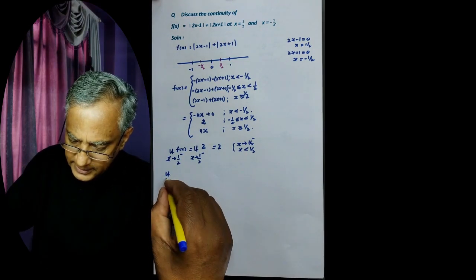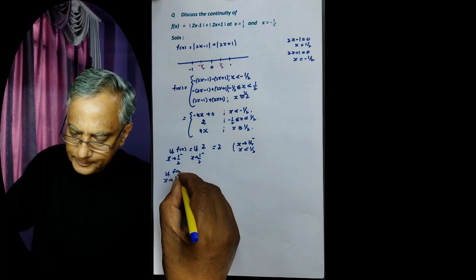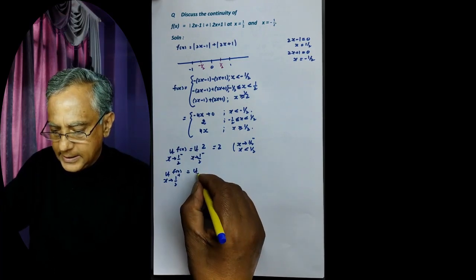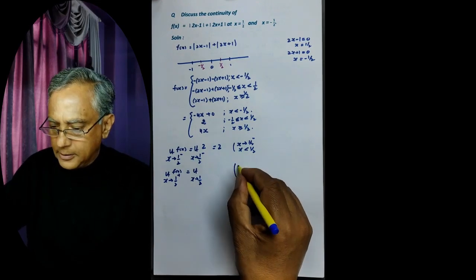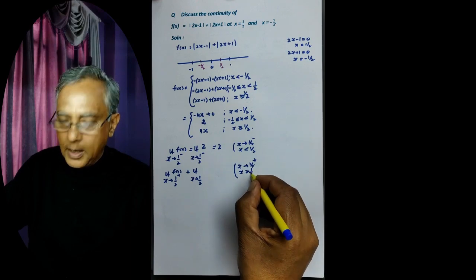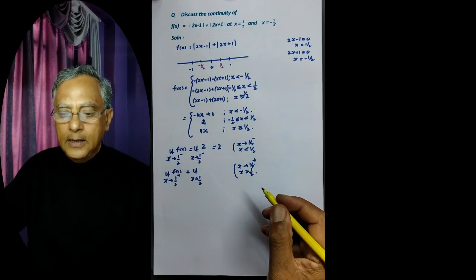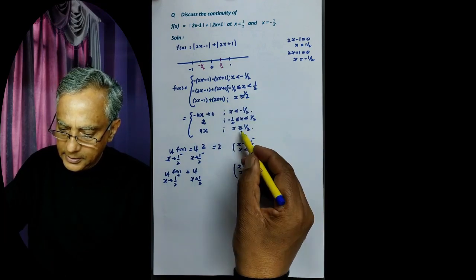And limit x approaches half from the positive side f(x) is equal to limit x approaches half. Now x approaches half from the positive side means x is greater than half. Now x greater than half is in this piece here.